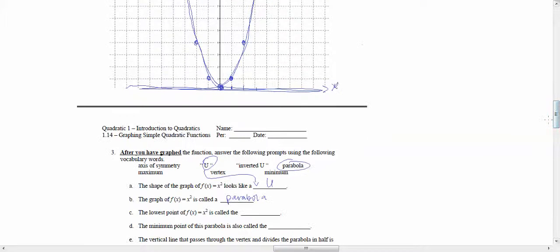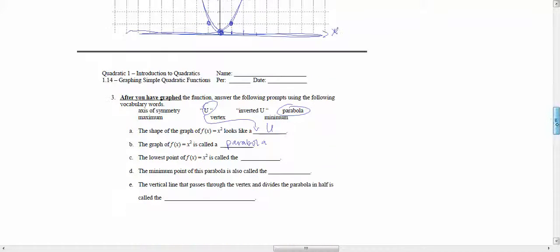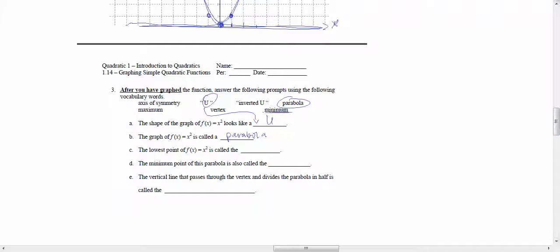If you look at the words here, the only thing that would probably be called is a minimum. It's the lowest point. It's the minimum. The minimum point on the parabola is actually called the vertex.